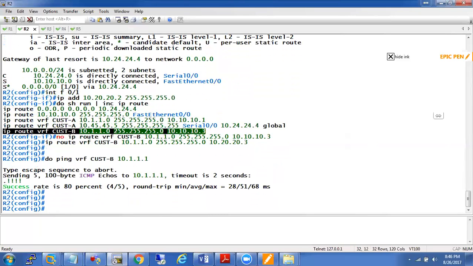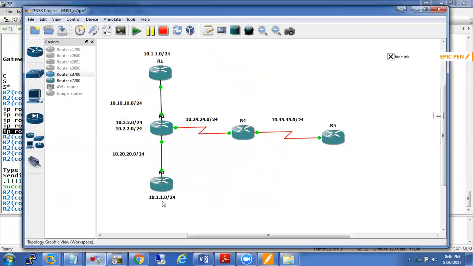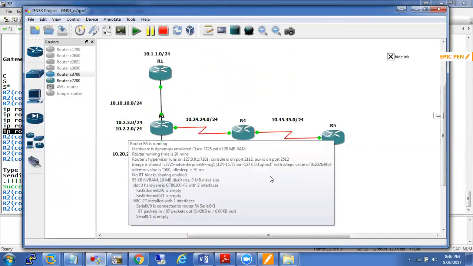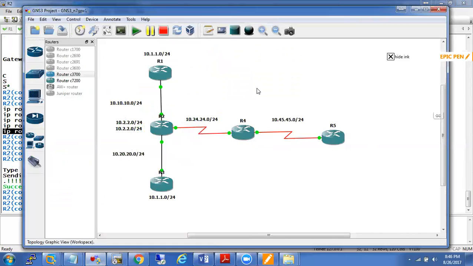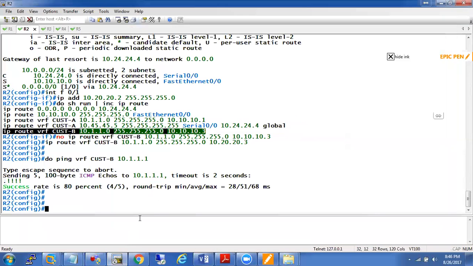Now help me out, guys. I need to do the same thing over here. I want the 10.20.20 network, 10.20.20, let's say 2 and 3, to be able to reach 10.45.45.0. How would I do it? Help me out one step at a time, guys. What's the first thing that I would do? One step at a time.